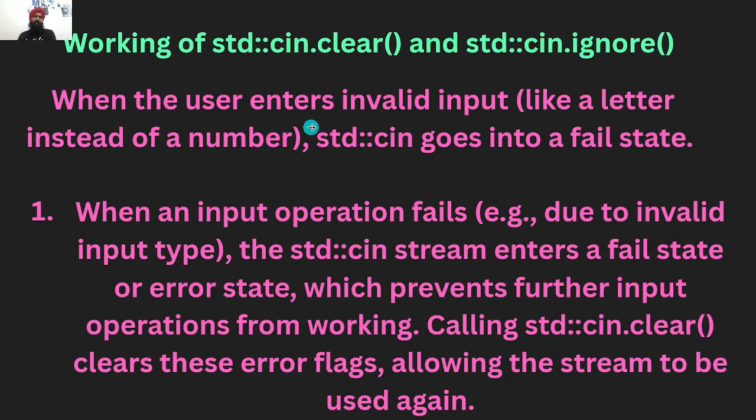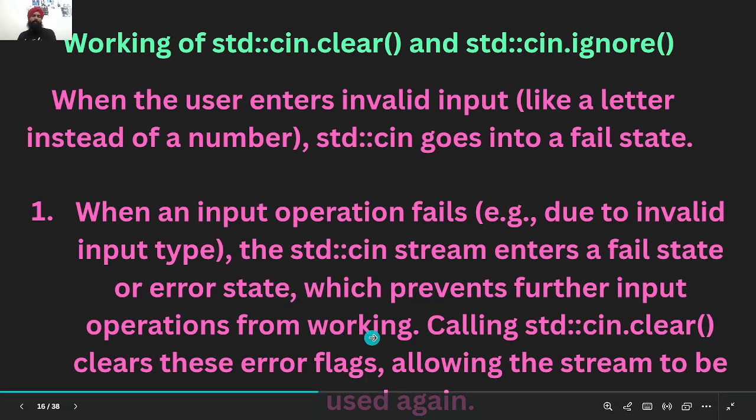Now, when the user enters invalid input, like I ask the user to enter the number of rows, and the user enters something like A. Now, this is not a number, this is a letter. So our std::cin goes into fail state. When our input stream goes into fail state or error state, it prevents further input operations from working.